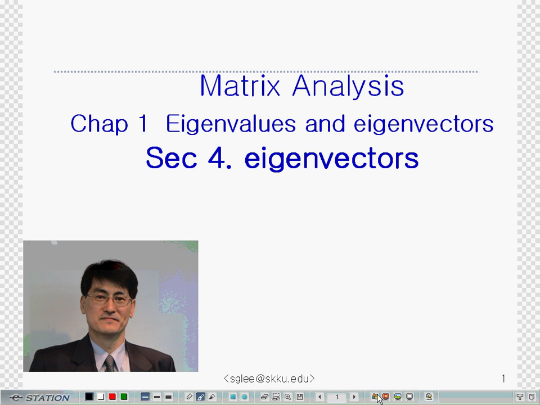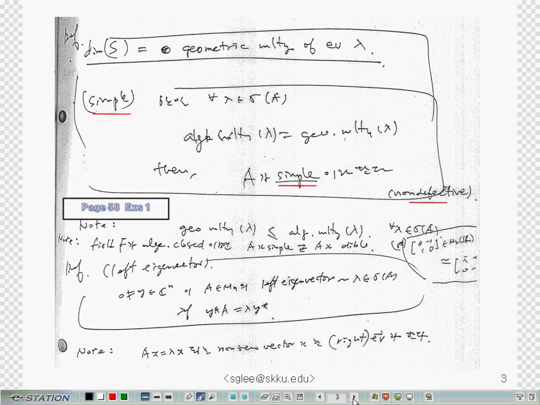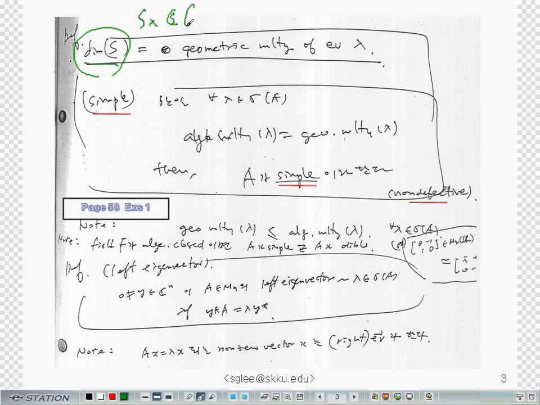We continue the section 1.4 eigenvectors. We have shown that this S lambda is a subspace of Cn, and all non-zero vectors in S lambda are eigenvectors of A corresponding to the eigenvalue lambda.